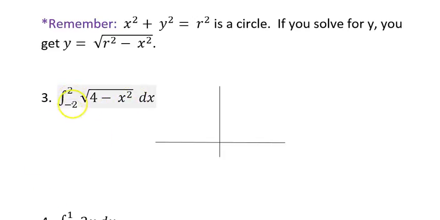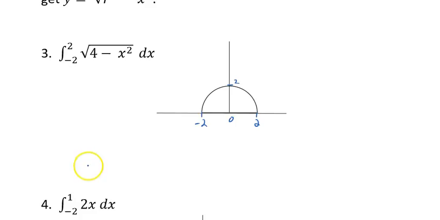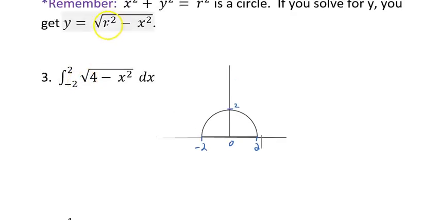So we'll look at the graph of this from -2 to 2, and we should just be looking at the top half of a circle. Okay, so when we graph this, we have the top half of a circle, and since this was a 4, and if you look back up here, that first number is r squared, that means our radius is 2.